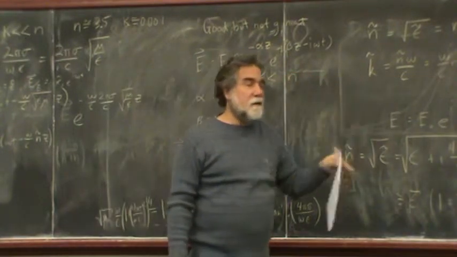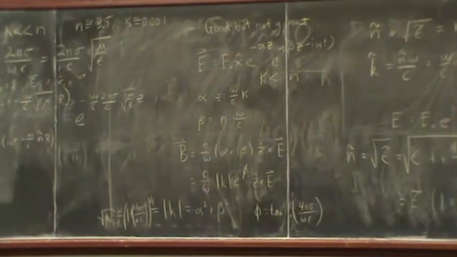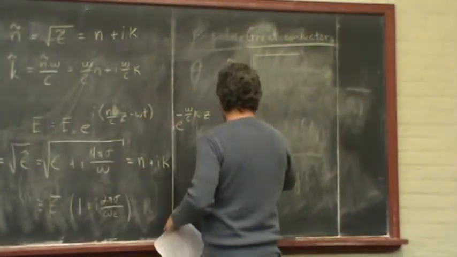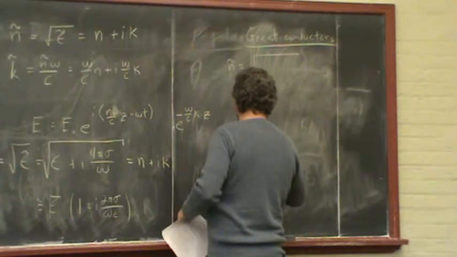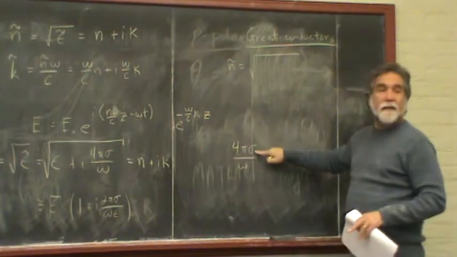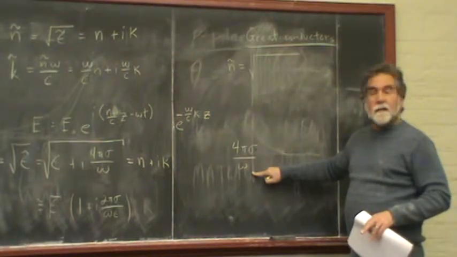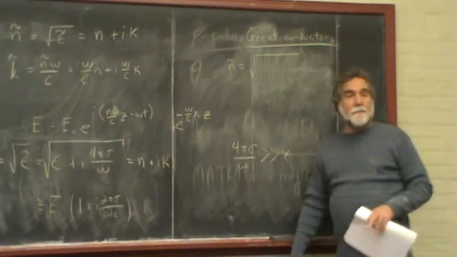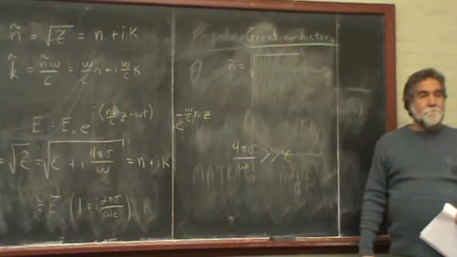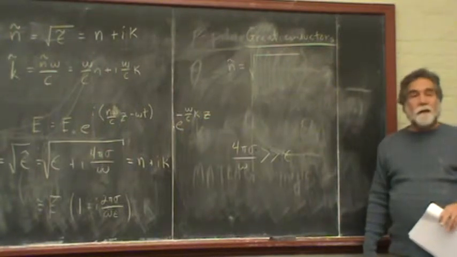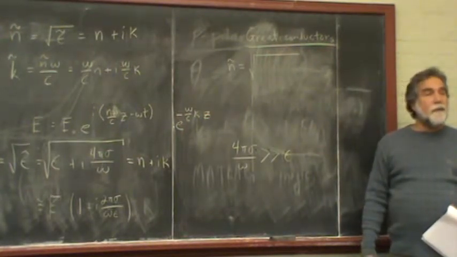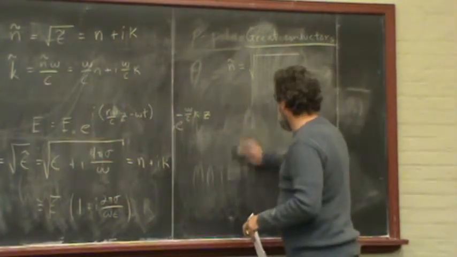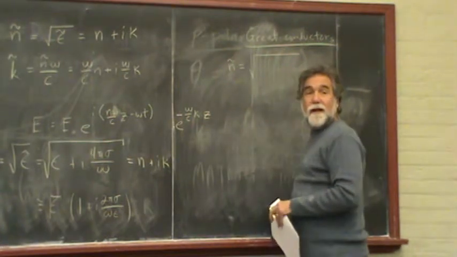And over here, what we're going to do is we're going to say that 4 pi sigma over omega, that's the conductivity divided by the frequency, is, in this case, much, much greater than epsilon. So kappa is greater than the index of refraction in this case. Okay? So that was what qualifies great.